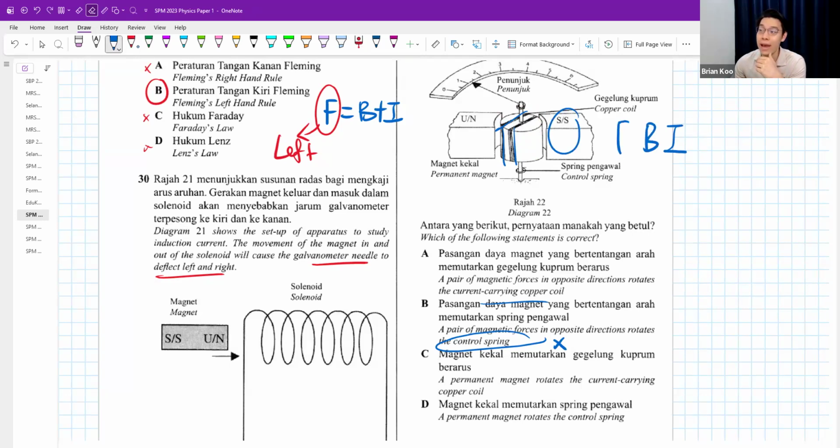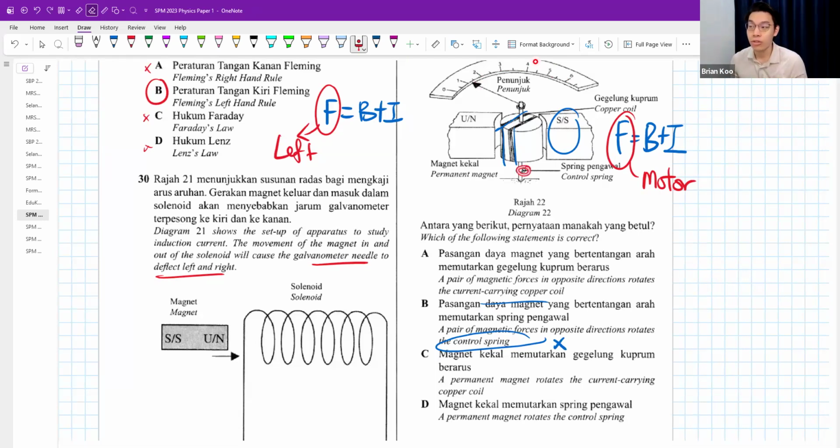All this is to produce force. Normally you want to produce force, you are trying to create a motor. A fan is an example of a motor where the blade will keep on spinning. But for an ammeter needle, you don't want it to keep spinning, right? You want it to spin to a value and then stop.